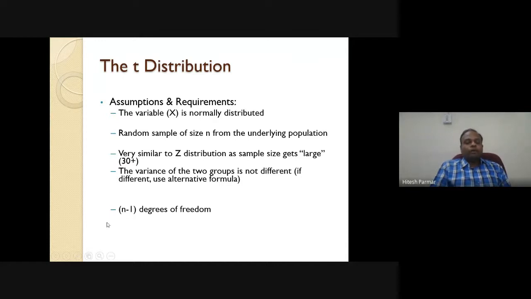Now why is it applicable in t-test? Because whenever the concept of sampling comes, at that time the concept of degree of freedom will always come. You are aware that in t-test you do not have the population parameters available. Population mean is not available, population standard deviation is not available.